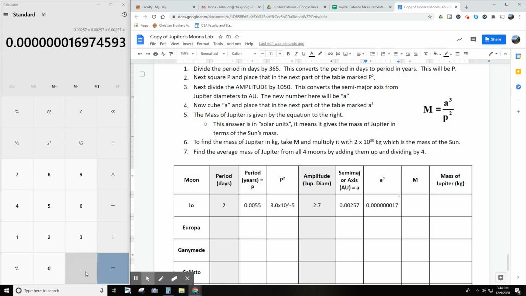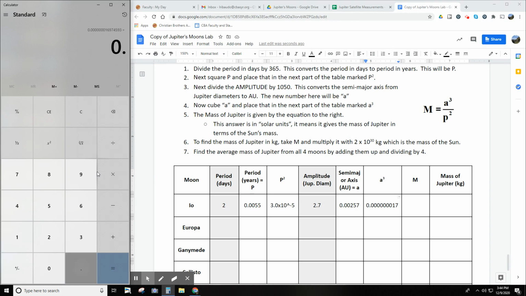We have on top that number divided by this number right here, which is a very tiny number, 0.00003, which is 3 times 10 to the negative 5th power.